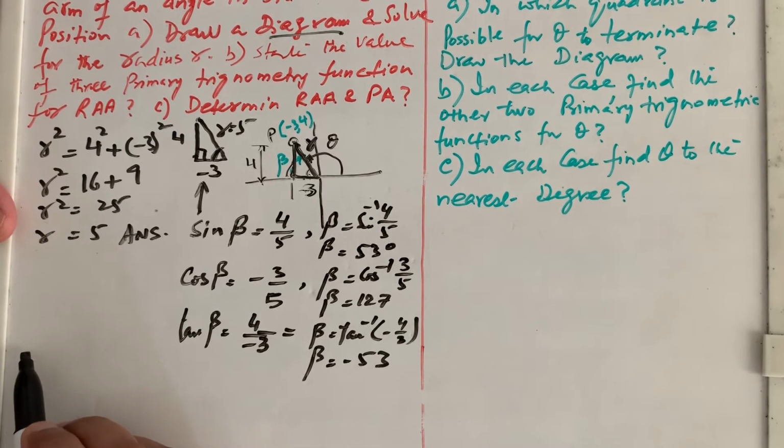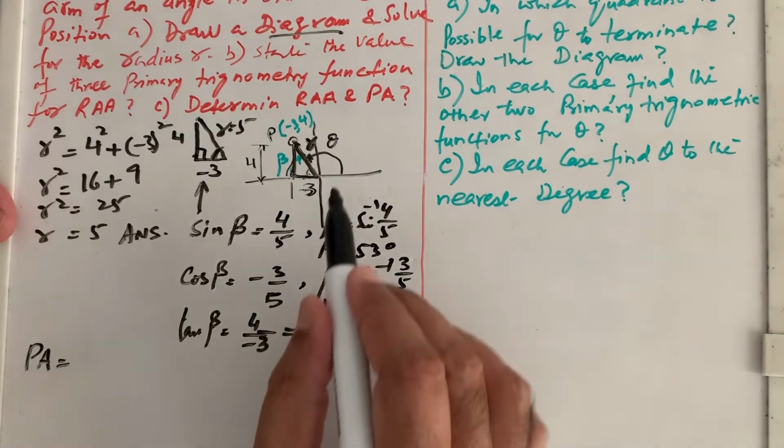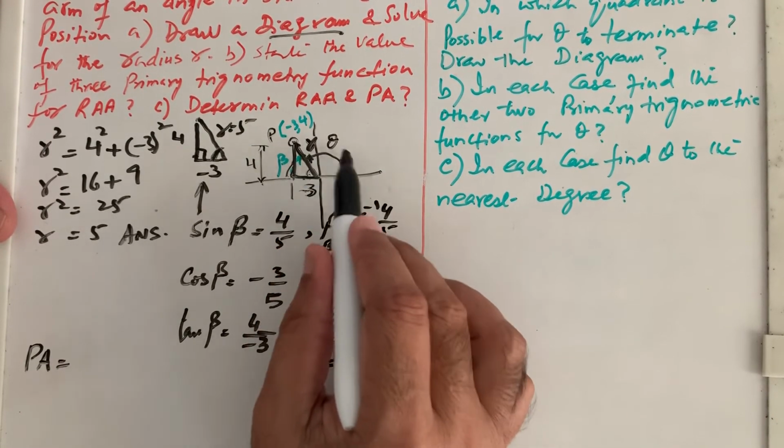But what is PA? The principal angle is theta. How much is this?